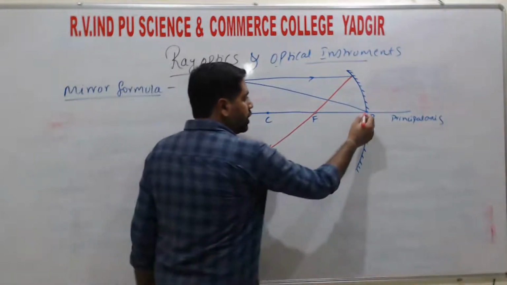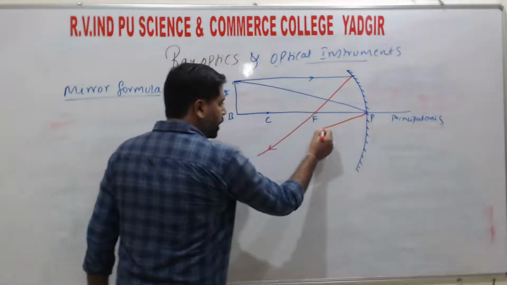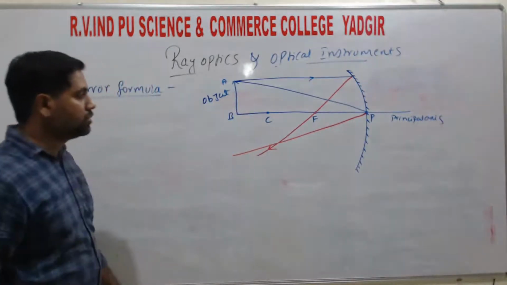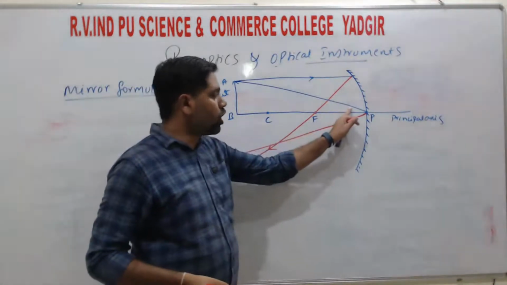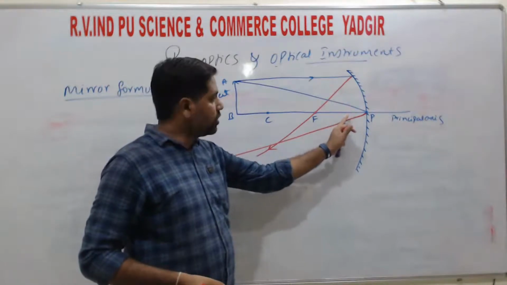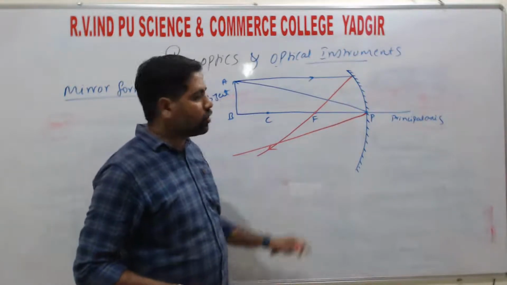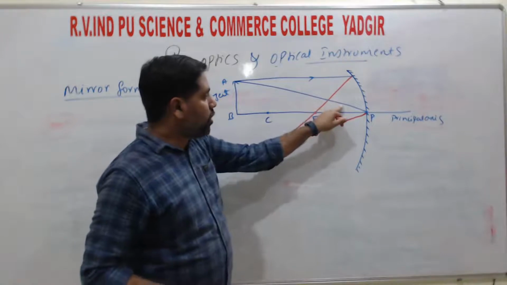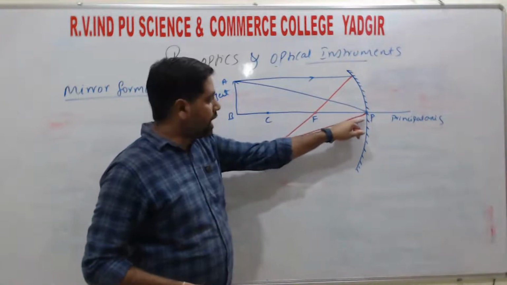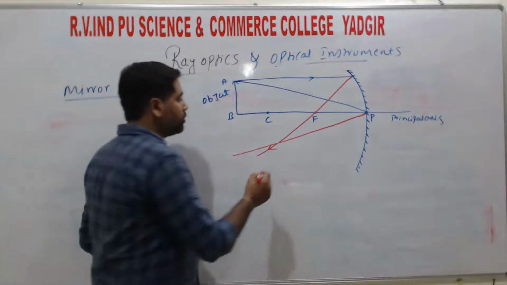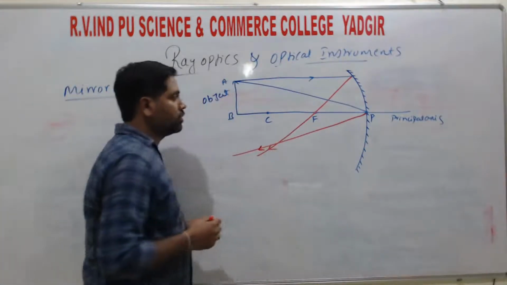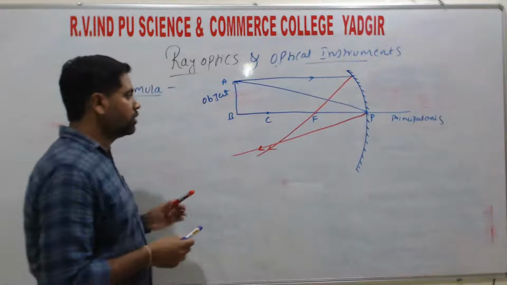After reflection, it makes the same angle, so angle I is equal to angle R. At whichever angle the ray falls onto the pole, at the same angle it will reflect from the pole, right? So this one is the second ray.